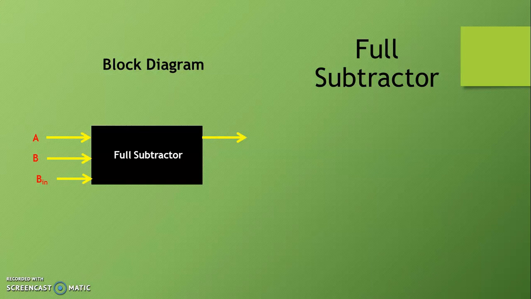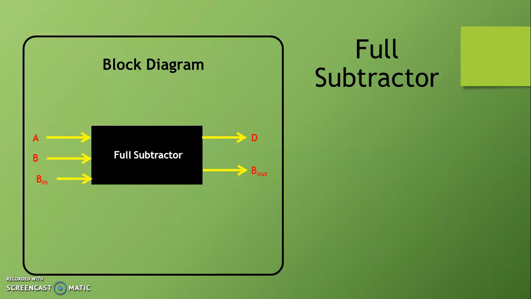And we have a difference, that is D, and final borrow, that is B out. So in case of a full subtractor, we have three terminals at the input side and two terminals at the output side.